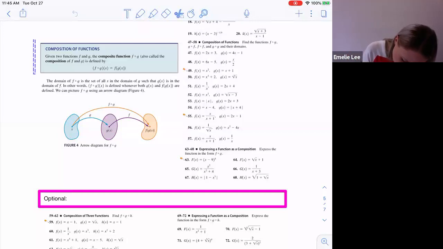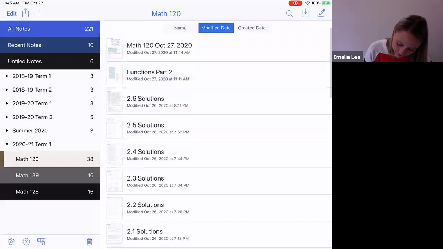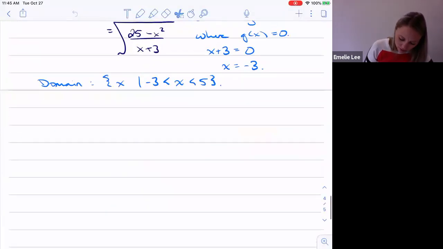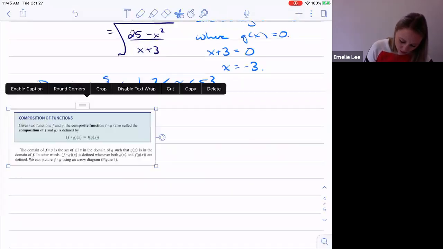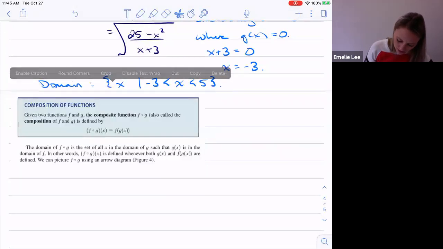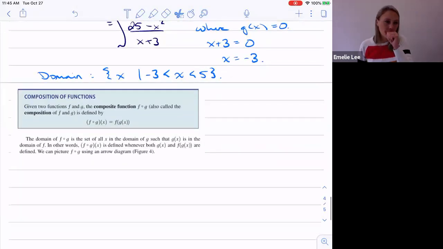So composition of functions. And I'll also talk about the domain. But I'm not going to worry too much about the domain. We talk about the domain so much in other aspects, but because it can be kind of tricky sometimes, I want you to focus on the function composition.